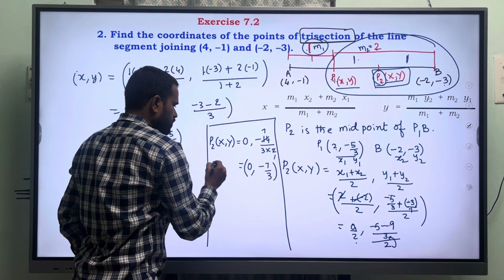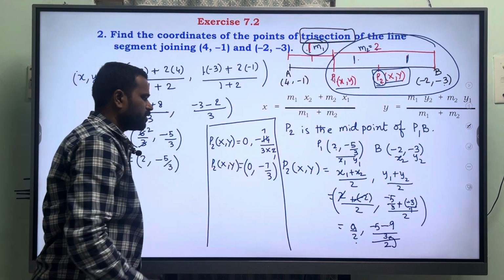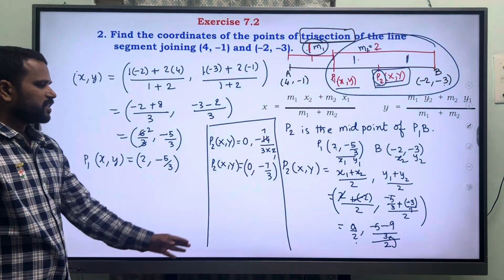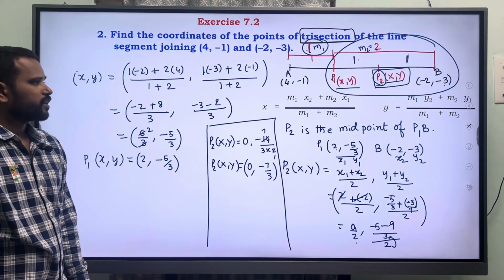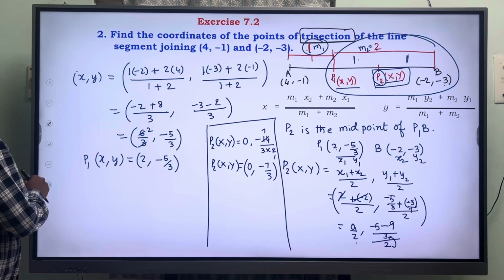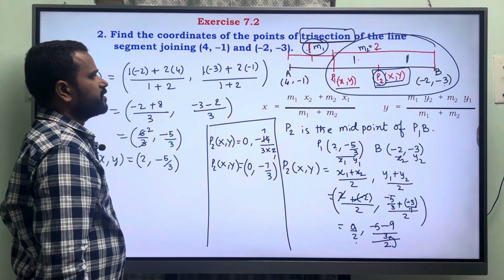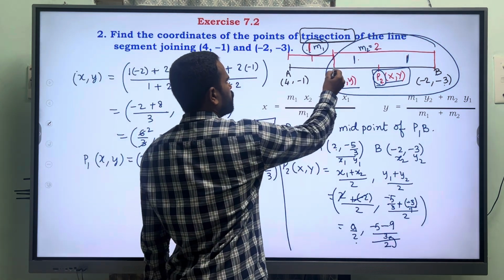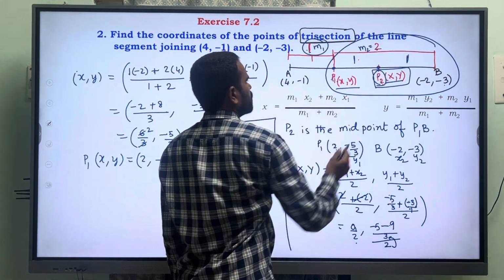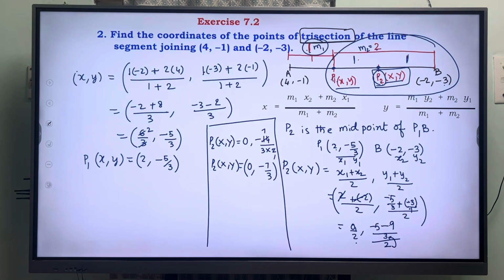So these are the coordinates of P2. This is how we can find. See, easily we have found this one. Okay, now look here, we will go to the next problem. So this is how we have found the trisection, means these 2 points we have found, right? Okay, now what is the next thing we are going to do?